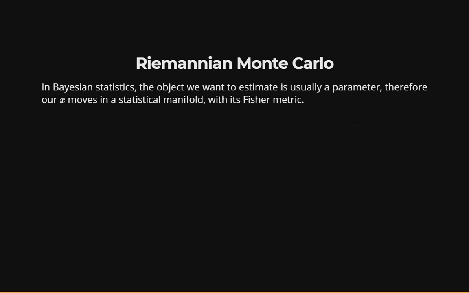So usually your target probability is on a parameter space. So for each point, you actually define a probability distribution with that parameter. So your X moves on a statistical manifold with its Fisher metric that we talked about.